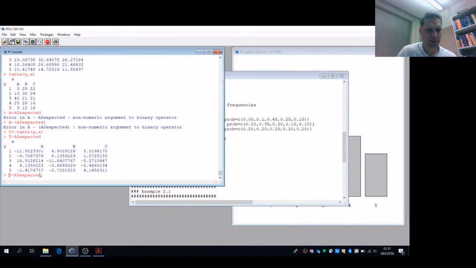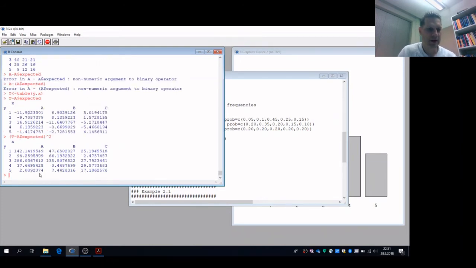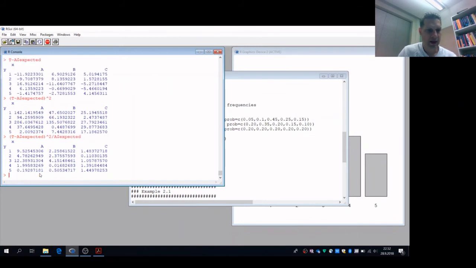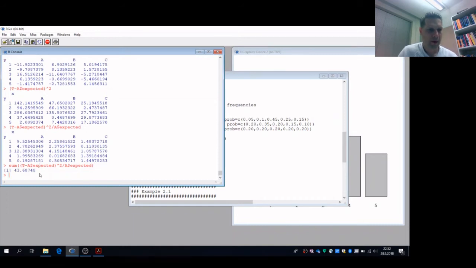If we now raise these differences to the power 2 and then divide them by the expected values, again element by element, and then sum everything which was done here, we get the chi-square statistics.